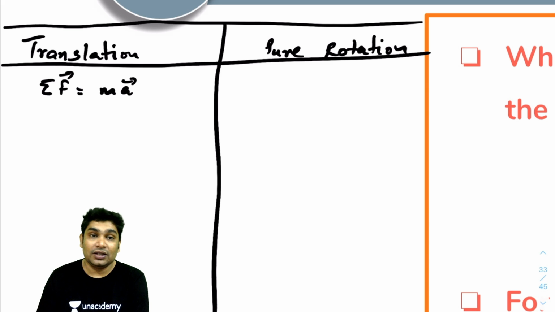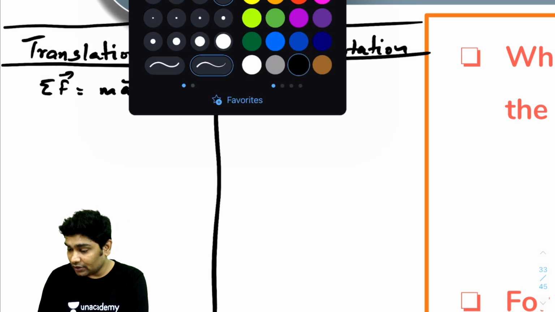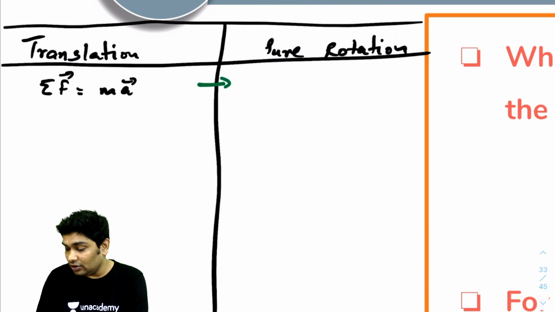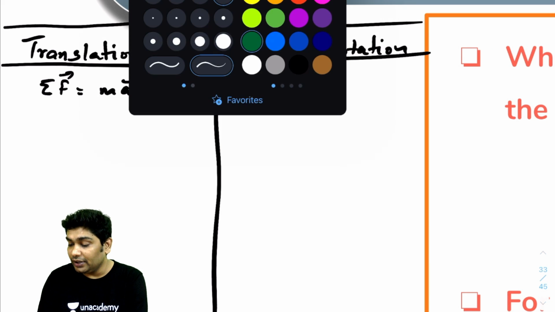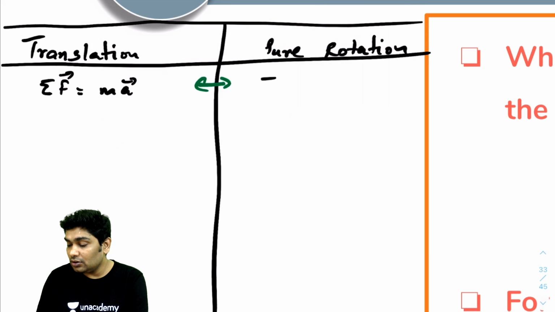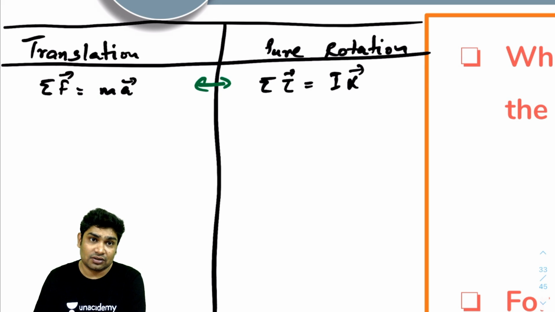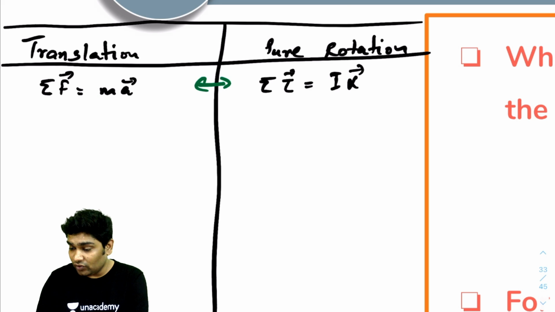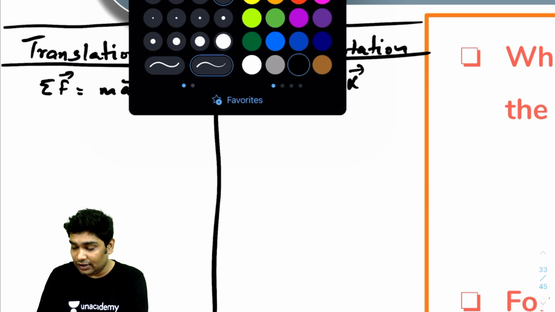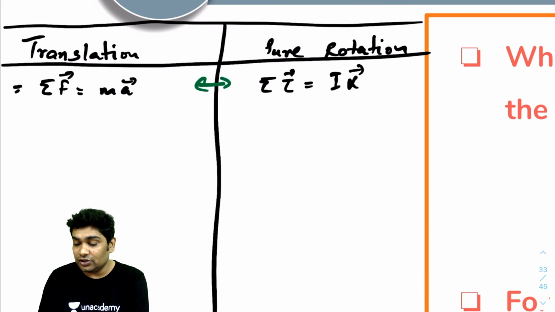This is the equation that you had for analysis of translation. Now you can use the parallel of this here, and the parallel would be summation tau equals I alpha equation. Now please remember tau and I have to be on the same axis. Okay. Similarly, what was the second tool that you would have had? So this is the first tool.